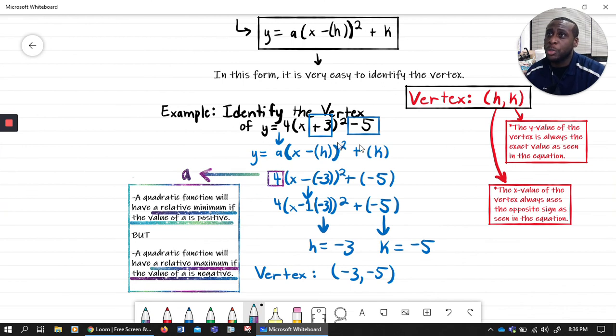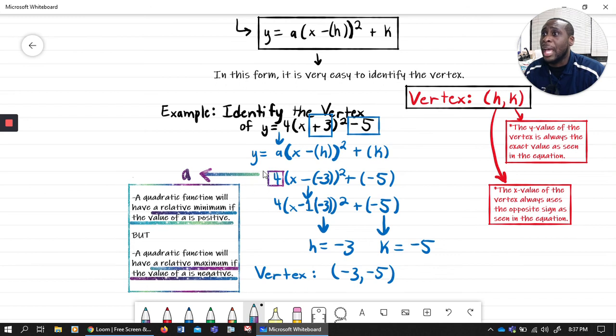For this particular example, your a value is 4. That should be pretty clear to see, because that's the number written in front of the perfect square binomial, the coefficient for that perfect square binomial that you see in the parentheses.